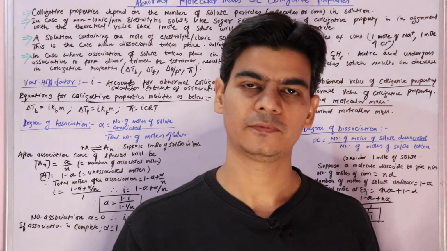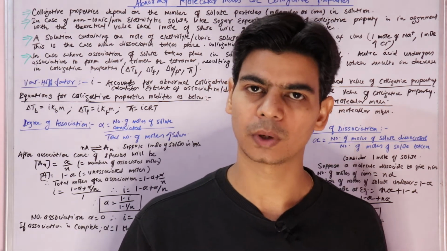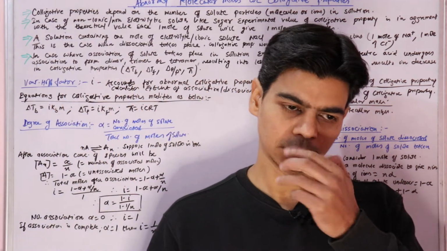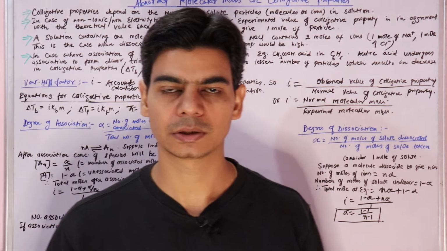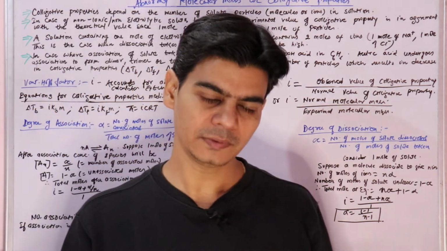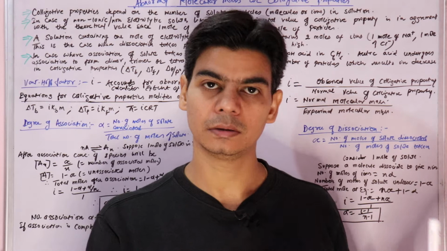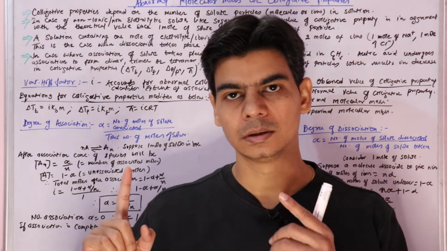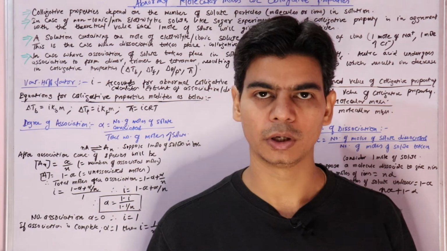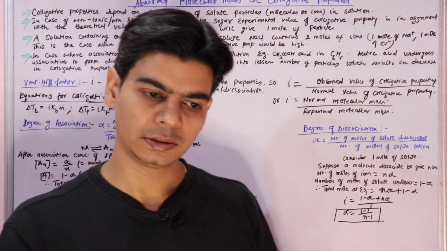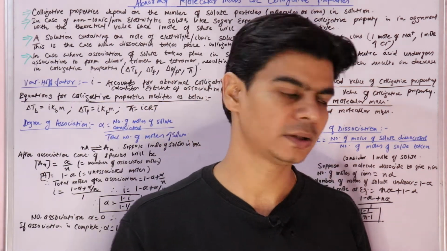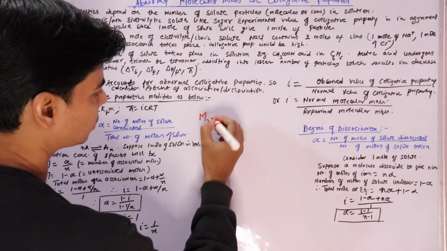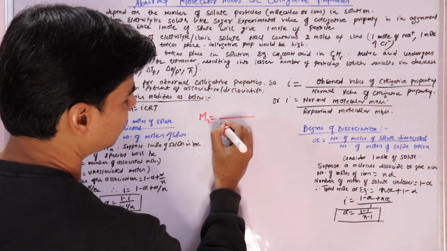Before this video lecture we have gone through the colligative properties one by one: elevation in boiling point, depression in freezing point, relative lowering of vapor pressure, and osmotic pressure. When we deduced the relationship between molecular mass of solute and the depression in freezing point or elevation in boiling point, we said this relation was applicable.